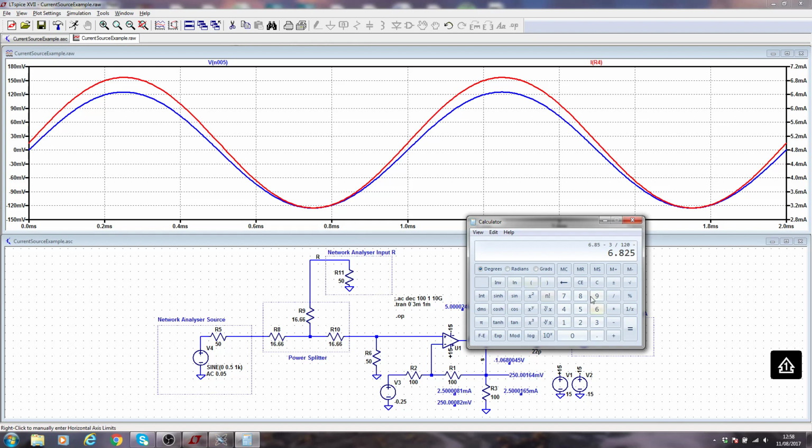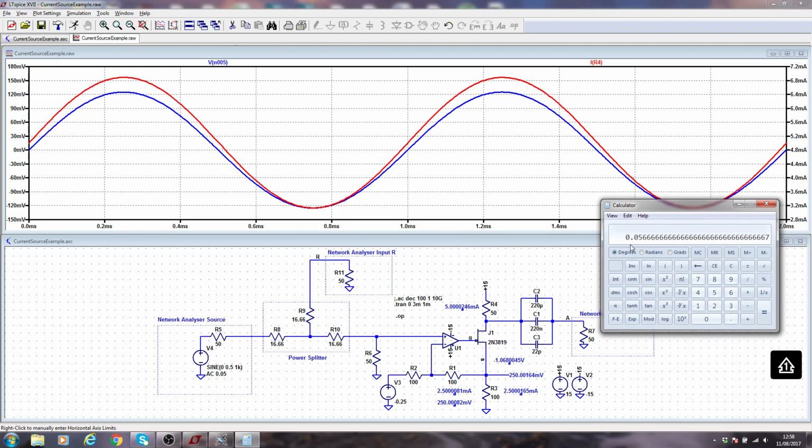There's a mistake. Back we go. You must use this plus minus. We have 0.056 amps per volt. So for every volt input I got, I should get 0.056 or 56 milliamps out, effectively.